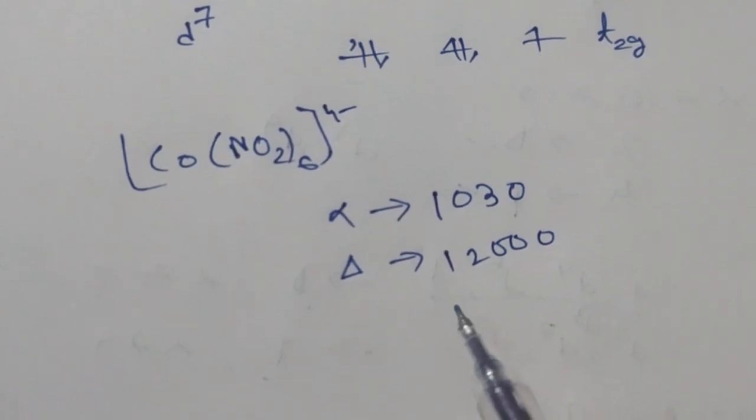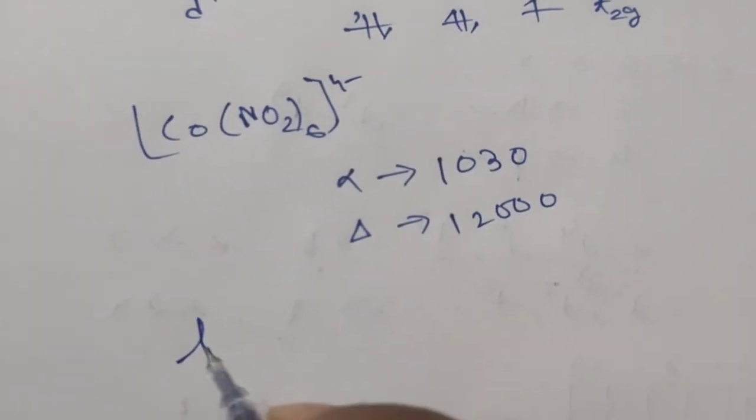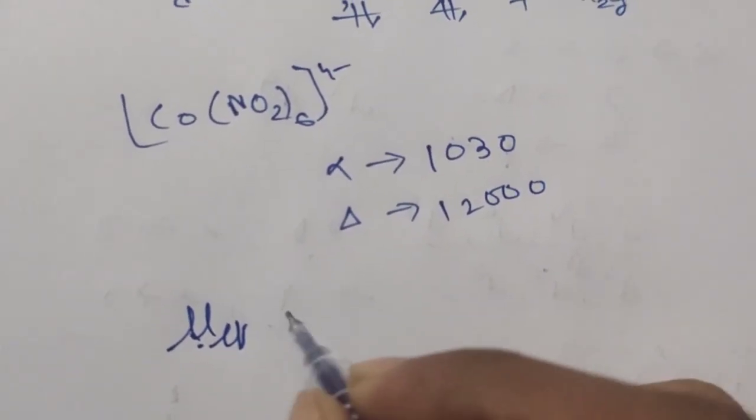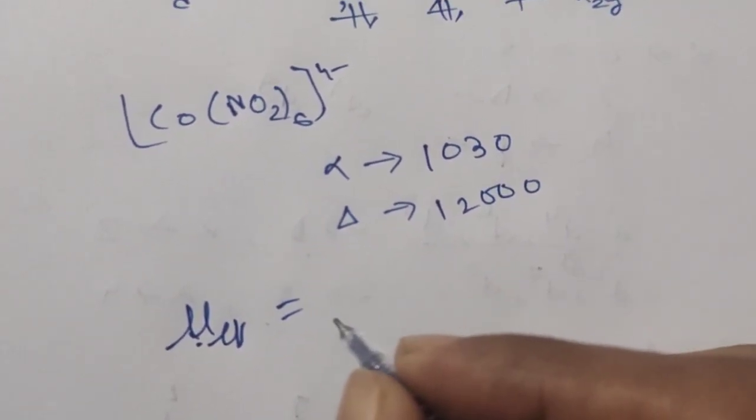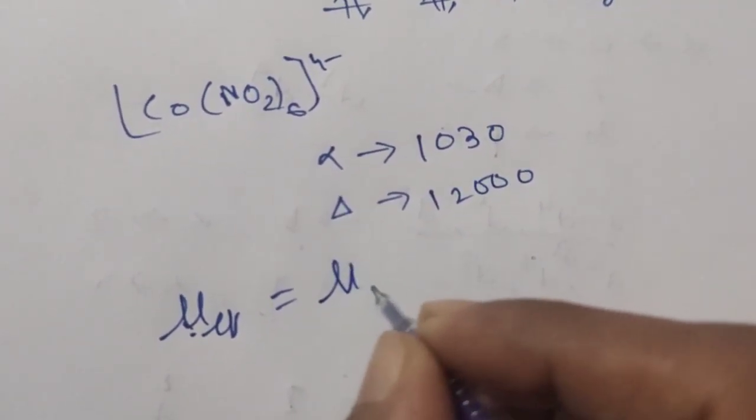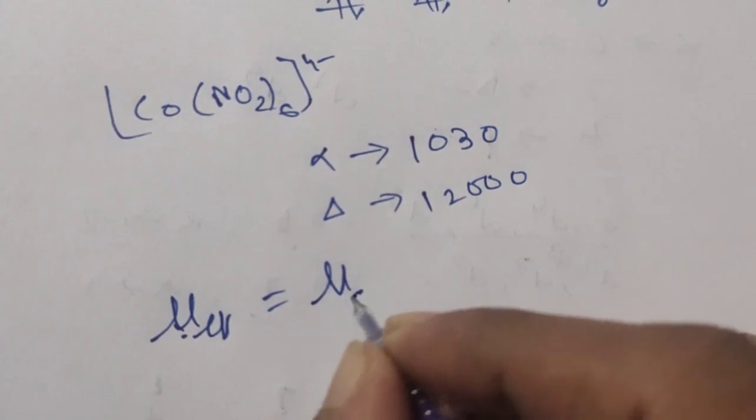Now if we calculate the mu effective, we first need to calculate the mu of spin only.